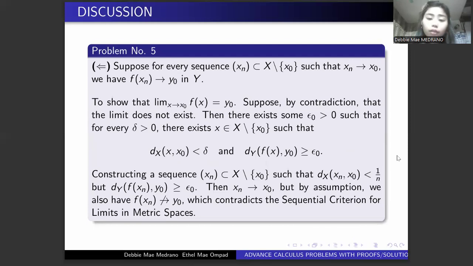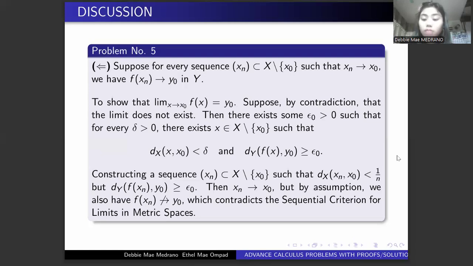Now suppose that for every sequence x_n in X minus x_0 such that x_n approaches x_0, we have f(x_n) approaching y_0 in Y. To show that the limit of f(x) as x approaches x_0 is equal to y_0, suppose by contradiction that the limit does not exist.